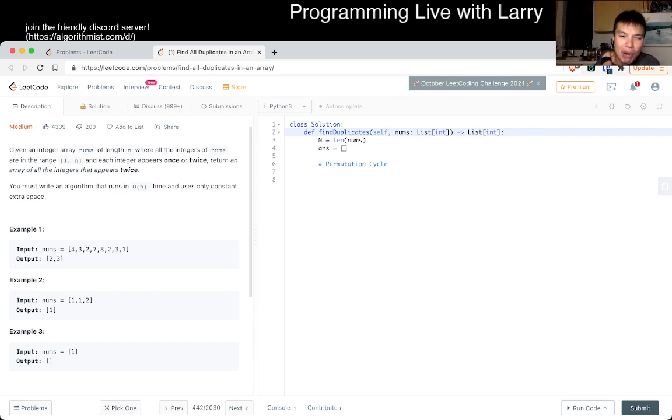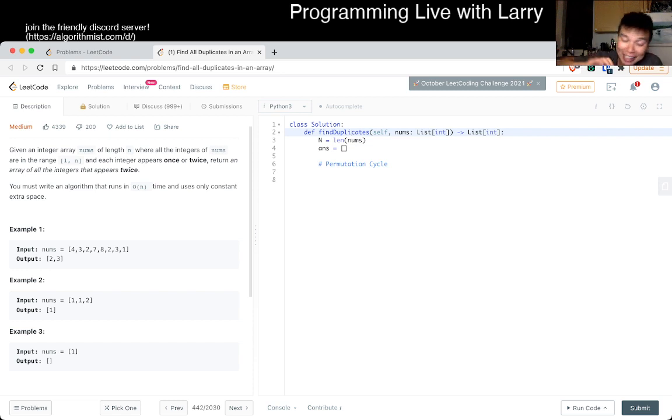The principle of least surprise. If I give a function find duplicates a list, an array, and suddenly my array memory is all jumbled, I would probably be pretty surprised. So that's basically the idea there.